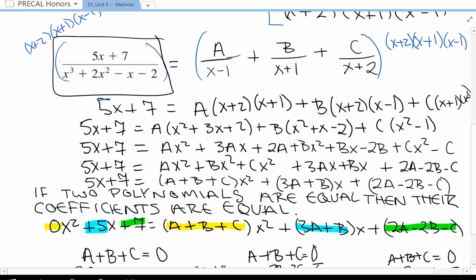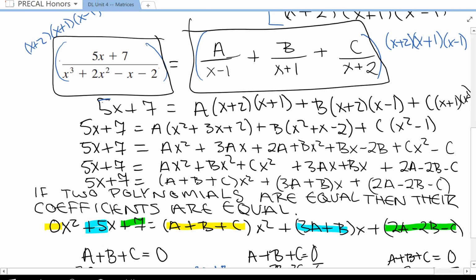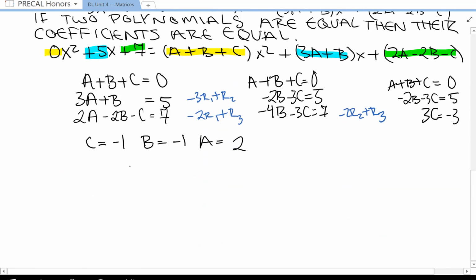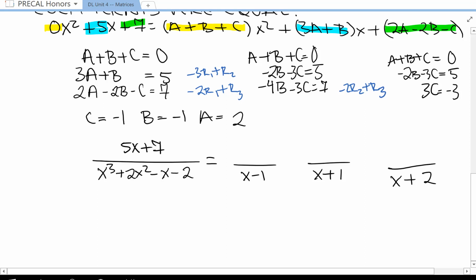Well, remember it's in this form, and now we have A, B, and C. So here we had A plus a -1 plus a -1. So you had A, B, and C as the numerators. And here's your partial fraction decomposition.